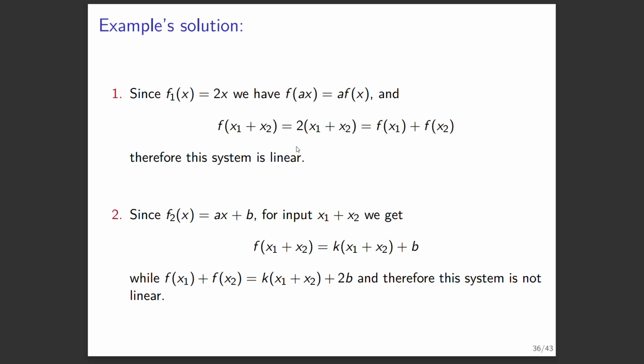And this is superposition: if f of x1 plus x2 is equal to f of x1 plus f of x2. For a system whose dynamics can be described with this equation, both of these properties hold. f of x1 plus x2 would be 2 times x1 plus x2, which I can then distribute, and write as 2x1 plus 2x2. 2x1 would be f of x1, 2x2 would be f of x2.